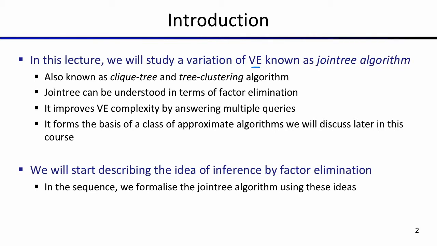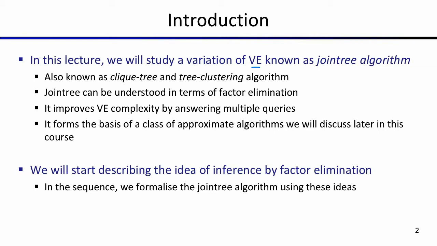But the Jointree algorithm creates a data structure that we call the Jointree that will store the answers for different queries. We're going to use that data structure to answer multiple queries over different parts of the network. That is the main benefit of using the Jointree algorithm instead of variable elimination.